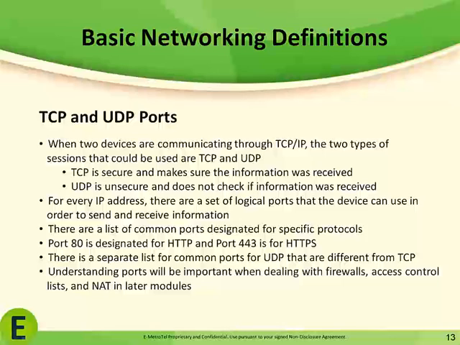There are a list of common ports designated for specific protocols. Port 80 is designated for HTTP and port 443 is for HTTPS. There is a separate list of common ports for UDP that are different from TCP. Understanding ports will be important when dealing with firewalls, access control lists, and NAT in later modules.